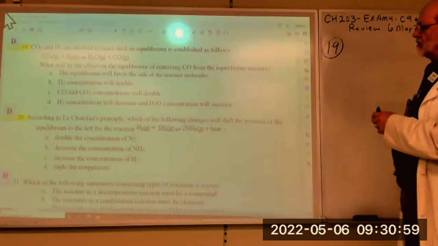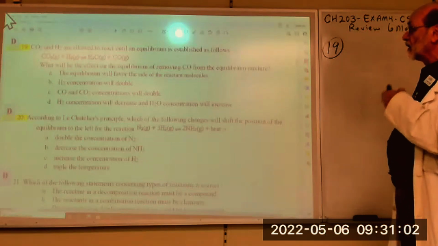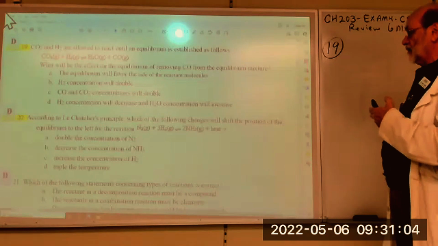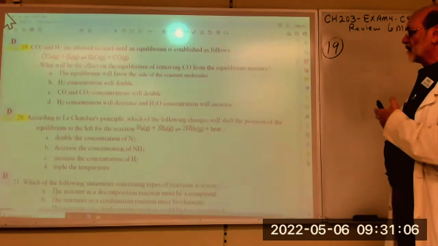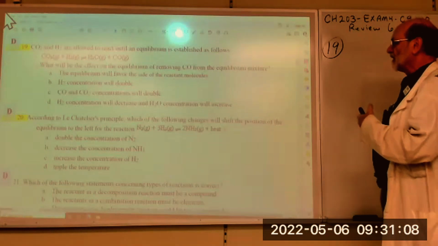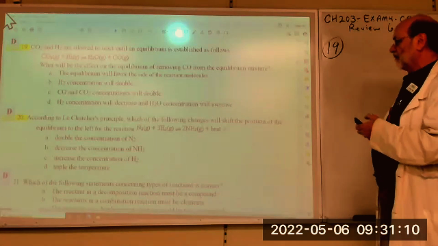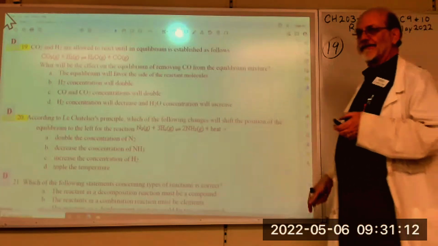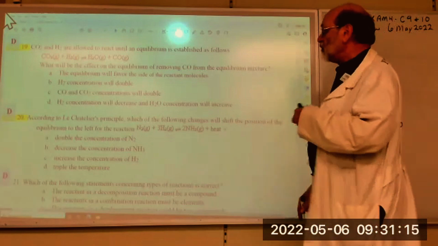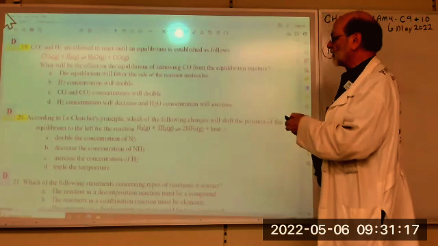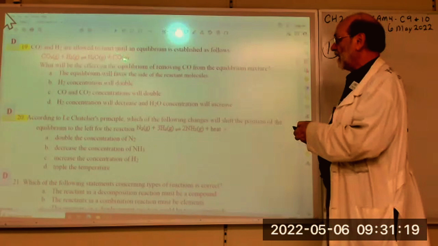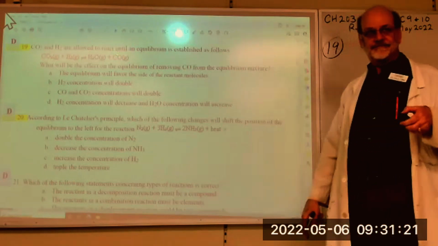CO2 and H2 are allowed to react until an equilibrium is established as follows. Okay. What will be the effect on the equilibrium of removing CO from the equilibrium mixture? I'm not going to write the equation because it's already there. If you remove carbon monoxide and it's at equilibrium, what's it going to do?